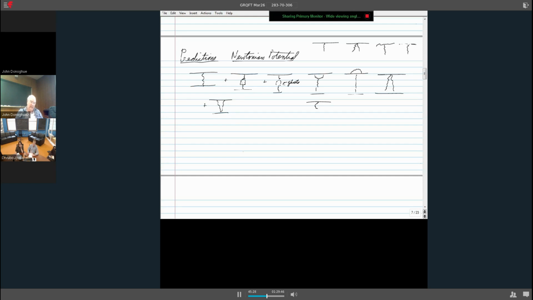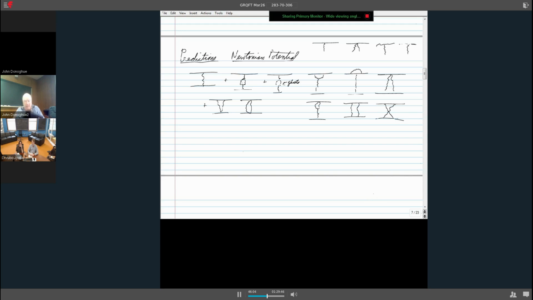There's the vertex diagram that looks like this. There's diagrams that look like that, plus the reverse.